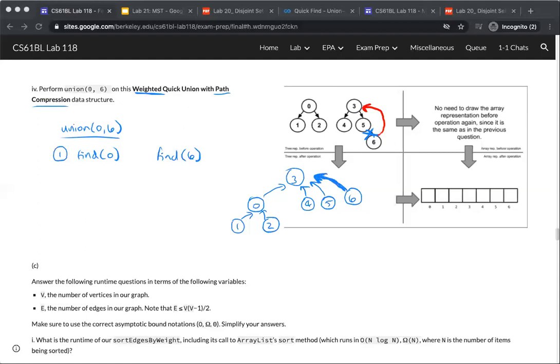That's better than having to walk up 2 parent pointers, and it's especially better than having to walk up n parent pointers, right? If our 6 was all the way down here, and these are all other nodes, while we're still walking up all of these parent pointers very painfully, why don't we make our life easier by just having it point directly to the root? And in fact, we can have all of these nodes also point directly to the root, okay?